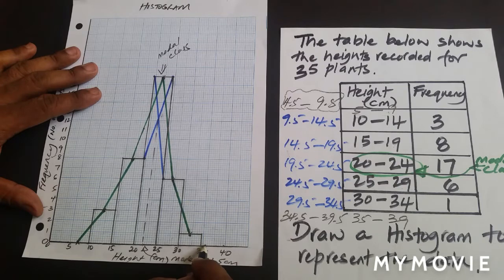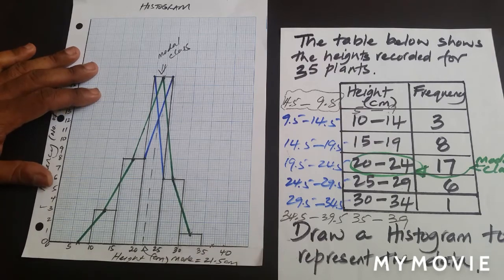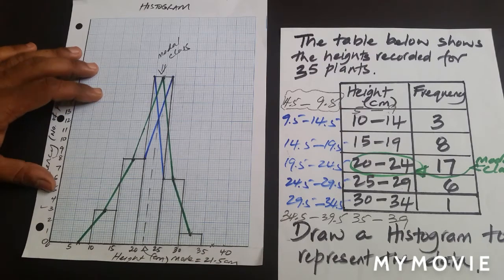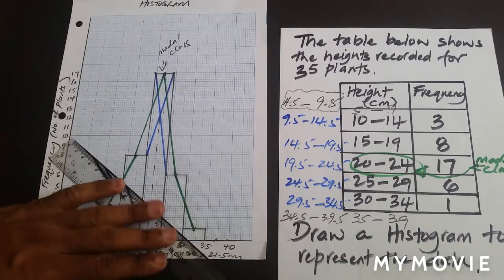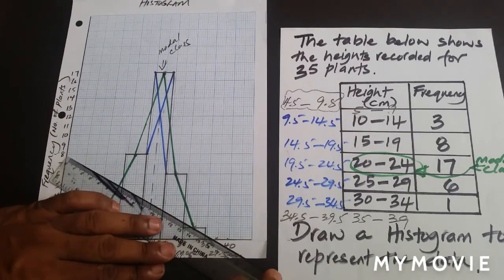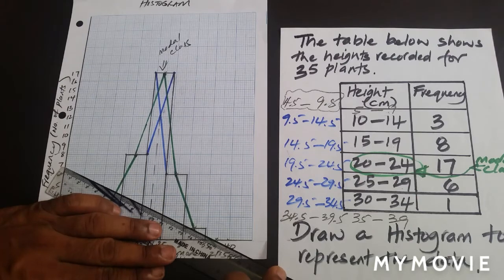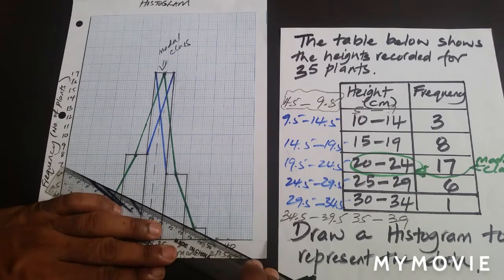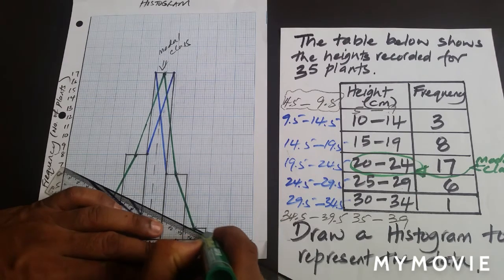So we just count 1, 2, and 2.5. So this is where the frequency polygon would touch the horizontal axis. So I'm just going to take the ruler and make the final connection, because the frequency polygon must touch the horizontal axis.